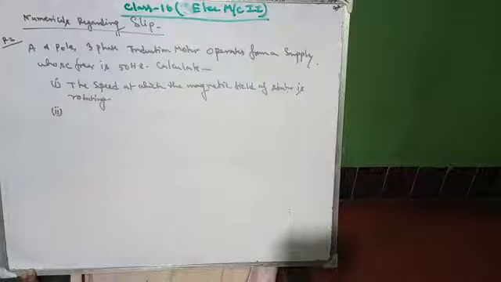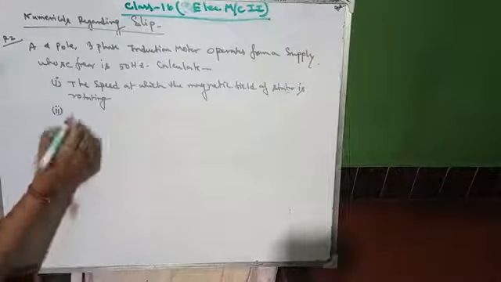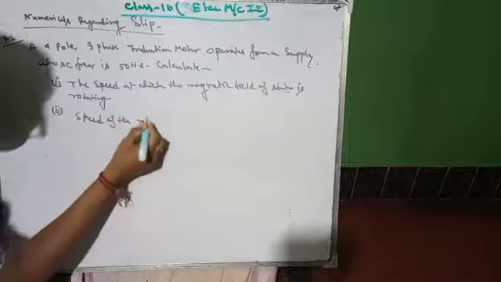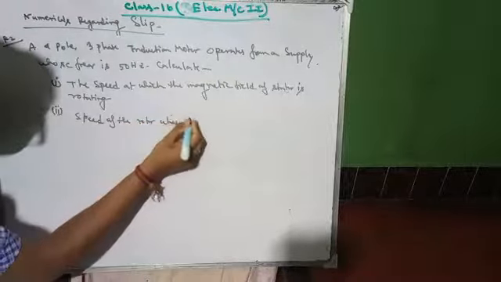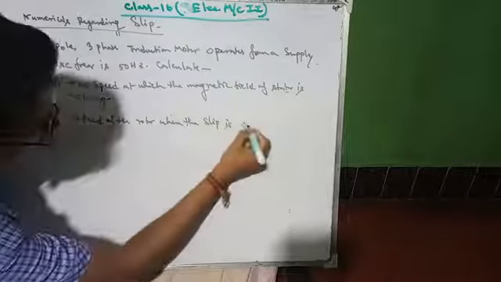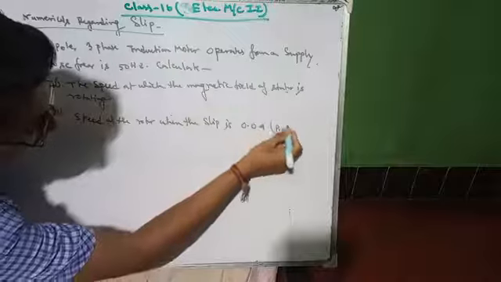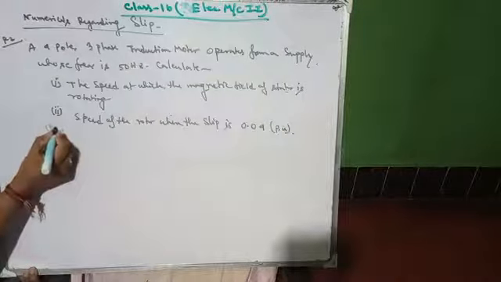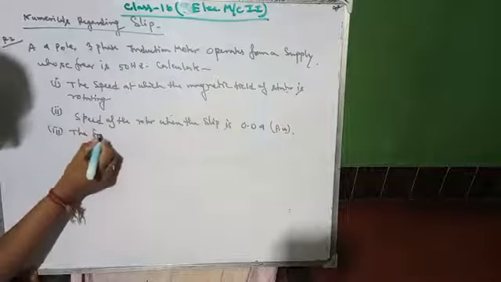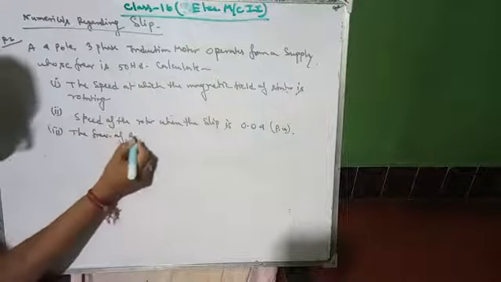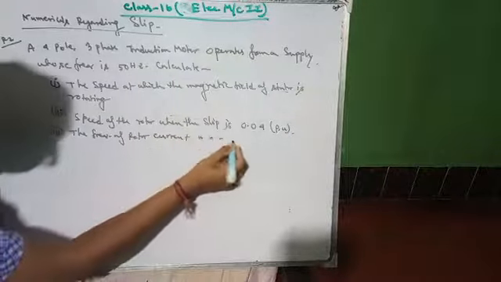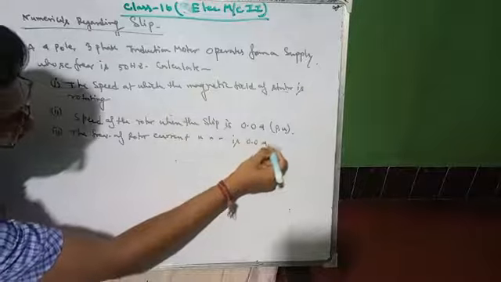And second one, the speed of the rotor when the slip is 0.04 pu. And third one, the frequency of the rotor current when the slip is 0.04 pu.